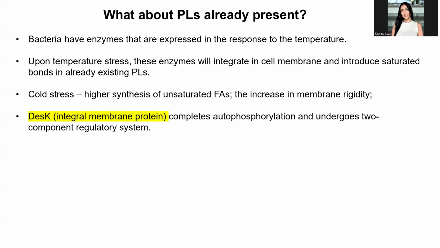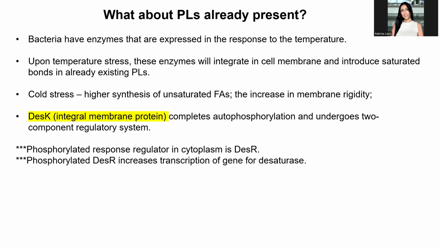DesK gets autophosphorylated at its histidine level, and when it's activated via phosphorylation, that will cause phosphorylation of the downstream regulator DesR, which is the response regulator, and gets phosphorylated on aspartate.